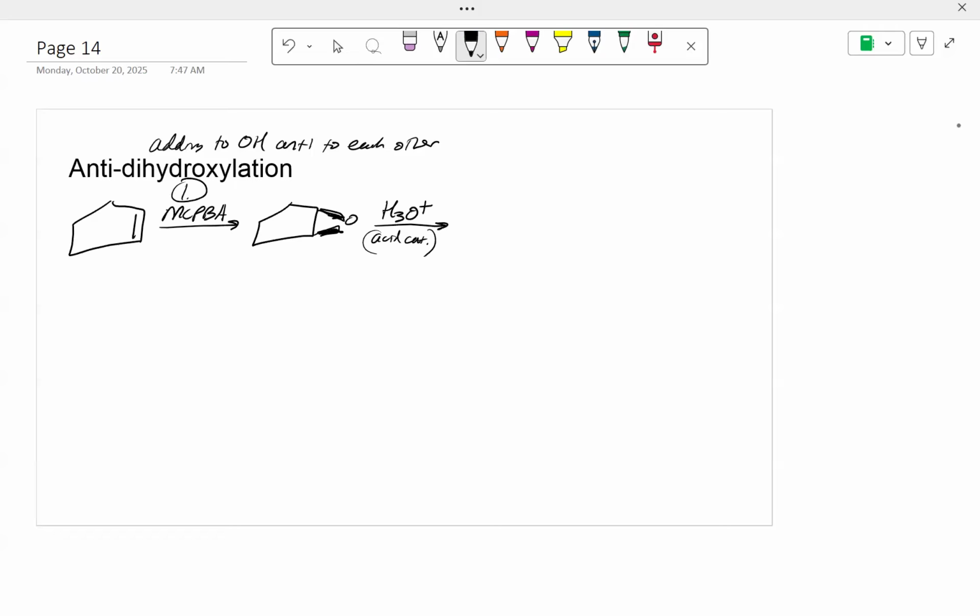And what I want you to do is think about hydronium as H2O, H plus. And it will add another OH group in an anti fashion. And you do get an enantiomer, depending on which side the water decides to attack.